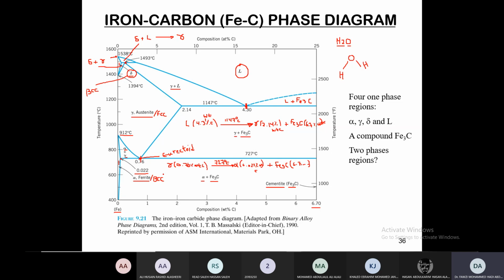One important thing also on this phase diagram we need to notice here. Of course, this is the liquidus line, and this is the liquidus line. Above that line everything is liquid basically. As you add carbon content to the material, to the steel, you can notice that the melting point temperature decreases, and if you're at nearly 4.3%, that is the eutectic point where you have the minimum melting point temperature.